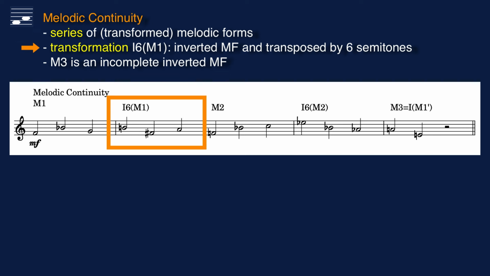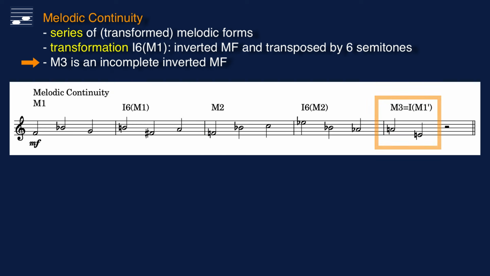The notation I6M1 means that we have inverted melodic form MF1, then transposed the result by 6 semitones. The 5th melodic form M3 is an incomplete inversion of MF1. The score has no rhythmic pattern overlay yet.